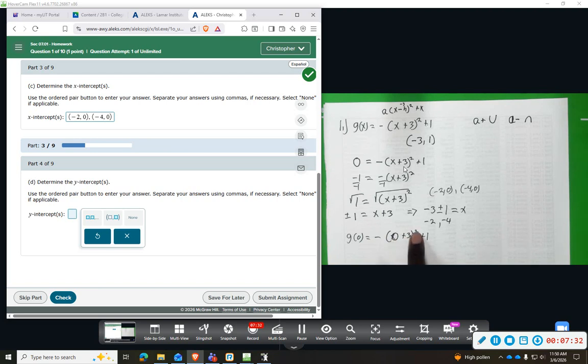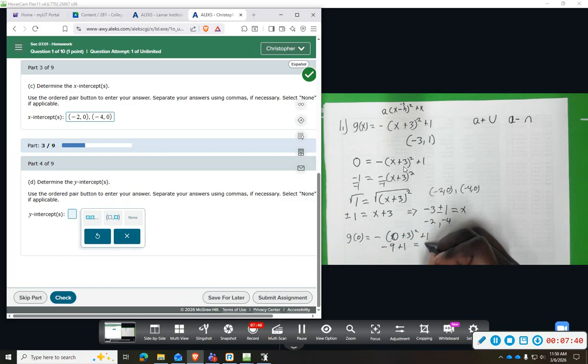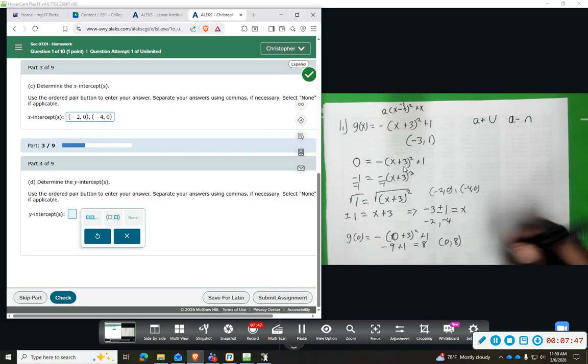We square 3, which gives us a 9. So this will be a -9 plus 1, which gives us 8. And so my y-intercept would be 0 for x, 8.